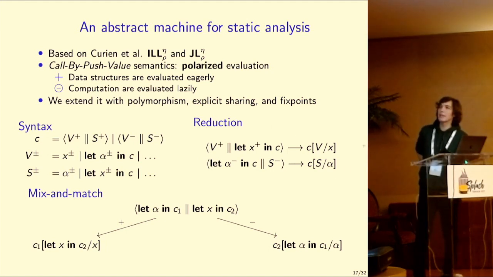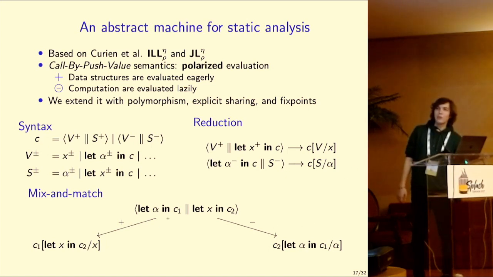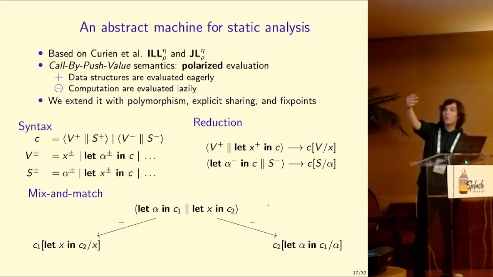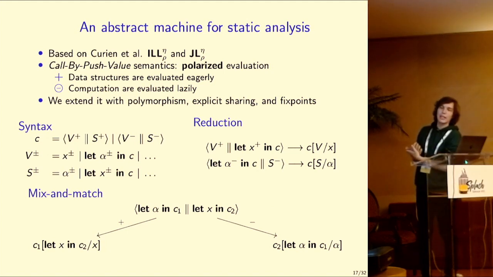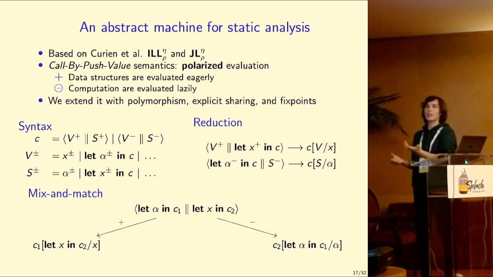The polarized thing comes into play when we try to evaluate some ambiguous command here. So which of the binders wins? Well, if alpha and x have positive polarity, what happens is the data side wins, which lets you evaluate expressions that consume their computation context and produce some data.